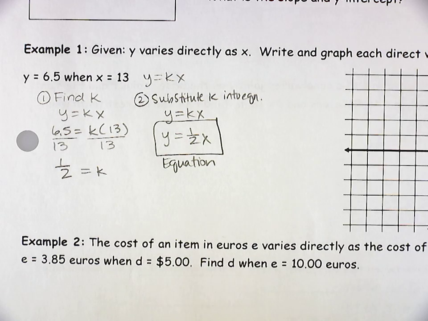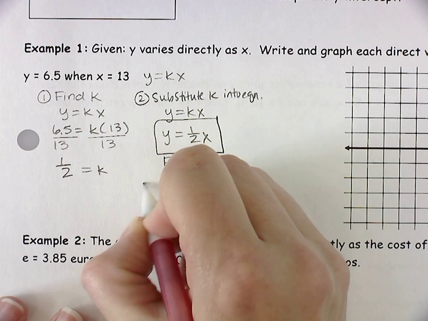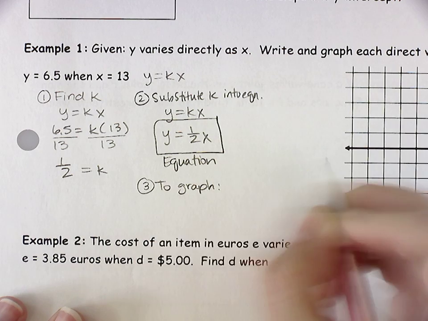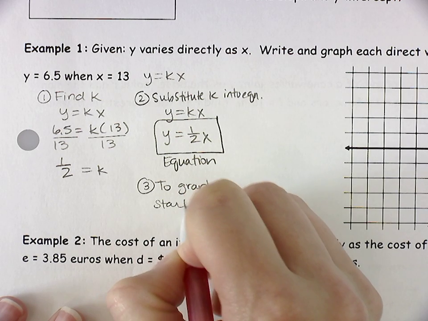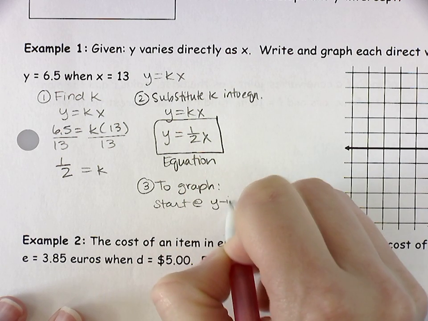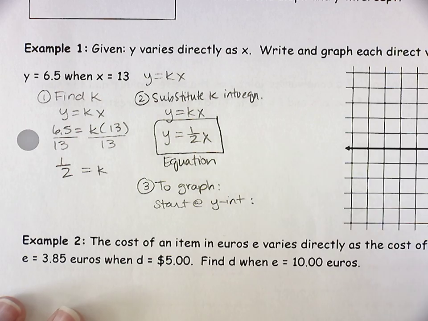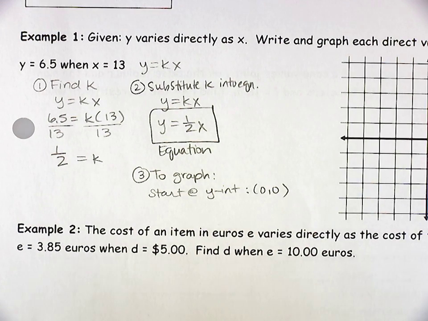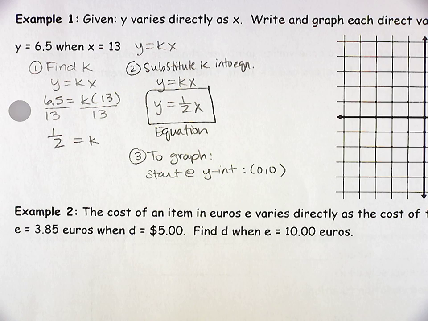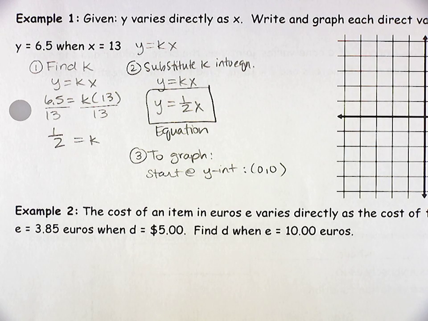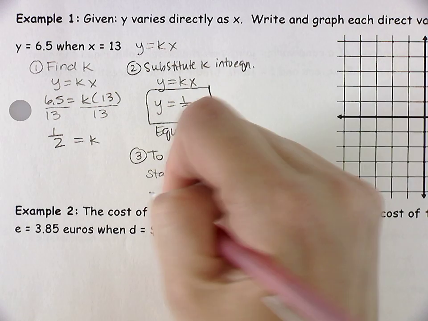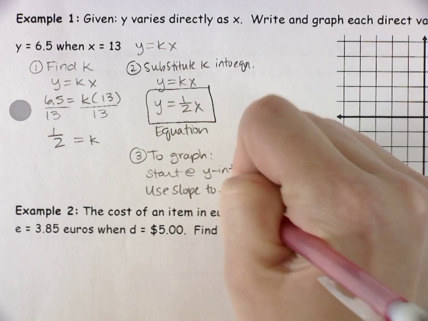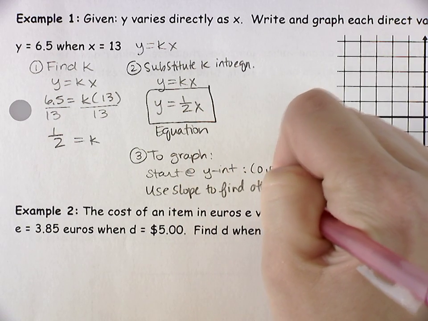So to graph, you're going to start at your y-intercept, which, what did we already say our y-intercept was? 0. So your y-intercept is going to be 0, 0. It's always going to be 0, 0 because you're never going to have anything added to it. And then to find your next point, you can use your slope. So use slope to find other points.